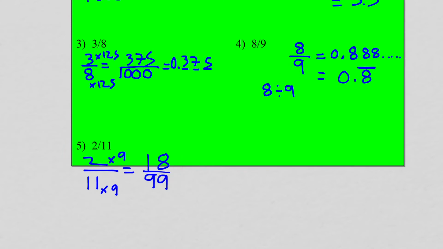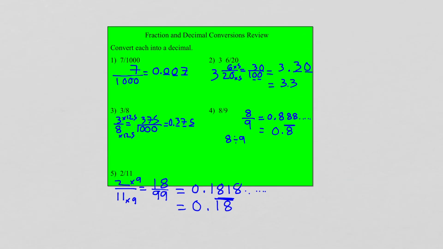Except for this one, since there's 2 9s, there's going to be 2 repeating digits, the 1 and the 8. They will be repeating. And the way we can write that is 0 and 18 hundredths repeating. We show that with a bar on top, bar notation. So that's how we started out.